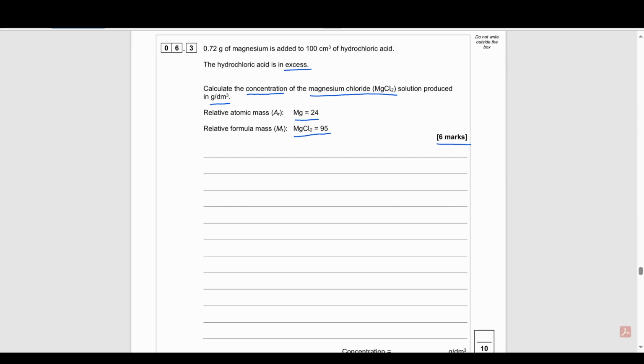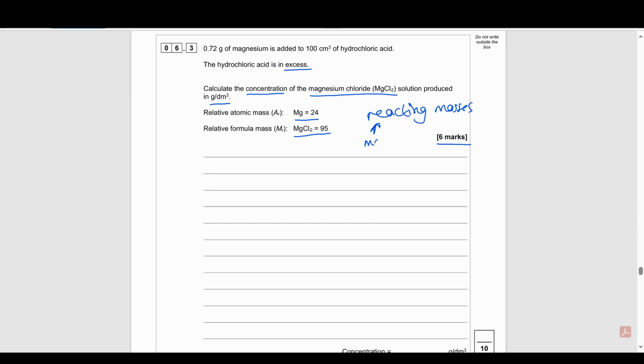Now, what we would need to do in this question is use our knowledge of reacting masses. And within our knowledge of reacting masses, we need to do a few things.